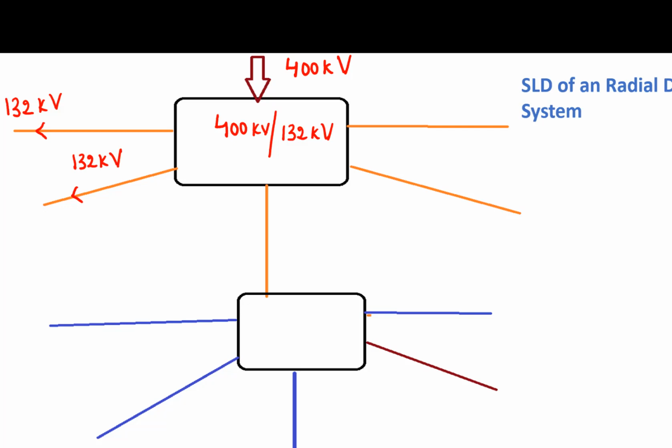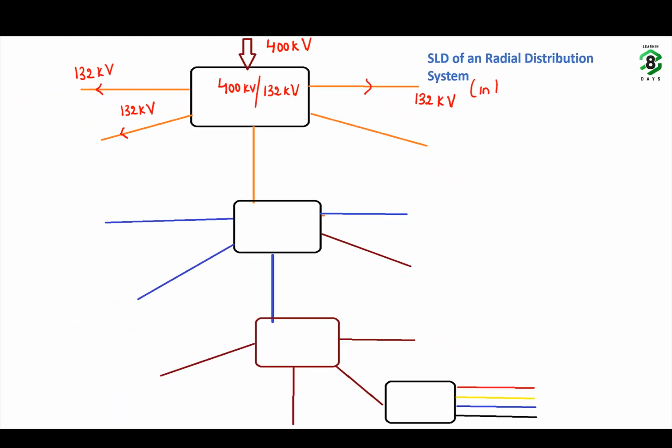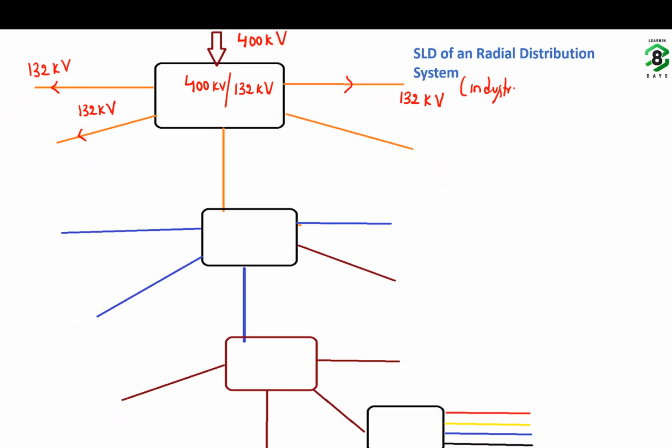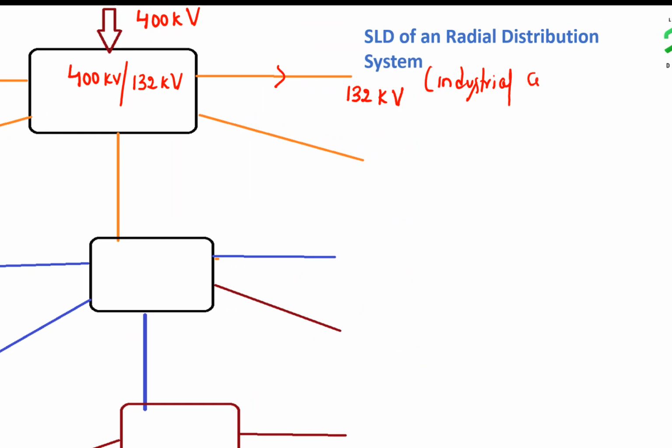If there is a very big consumer, an industrial consumer who wants a bulk load, he can directly tap 132 kV. So he is tapping energy directly at 132 kV.